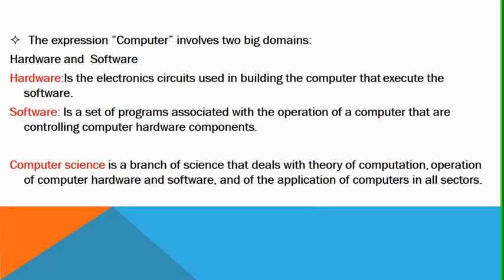Software, on the other hand, is a set of programs associated with the operation of computer that are controlling computer hardware components. Then, computer science is a branch of science that deals with the theory of computation, operation of computer hardware and software, and application of computers in all sectors.